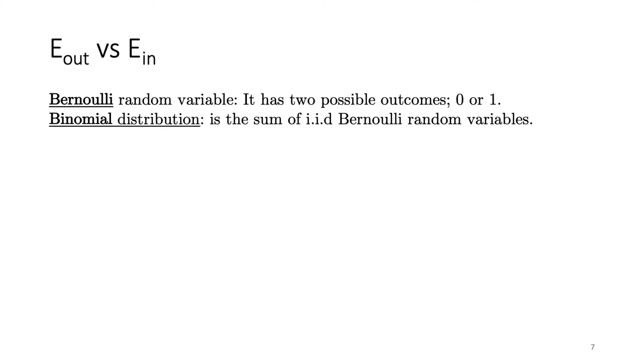Yeah. So when our draws are IID Bernoulli and we sum them up, we come up with a binomial distribution. So when we use these two keywords, you know that a Bernoulli random variable has two possible outcomes, 0 and 1, and when you sum them up in an IID manner, you come up with a distribution that is called binomial.